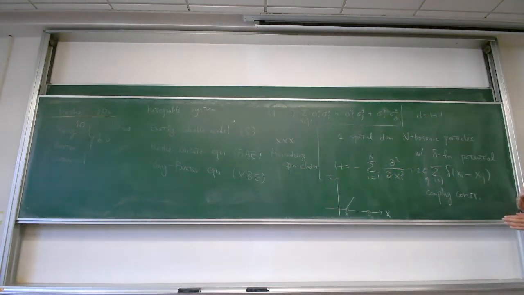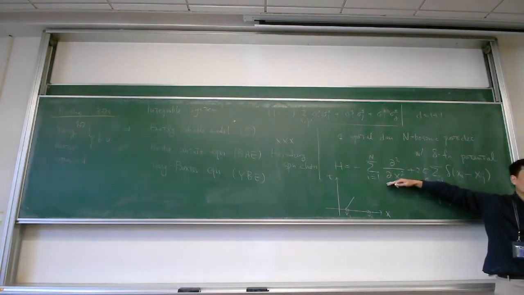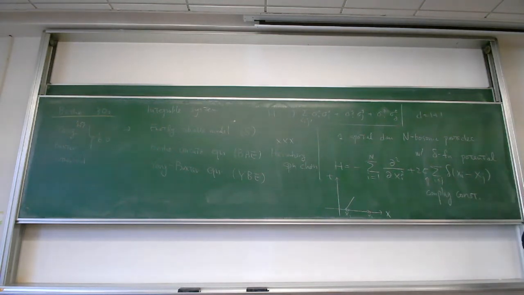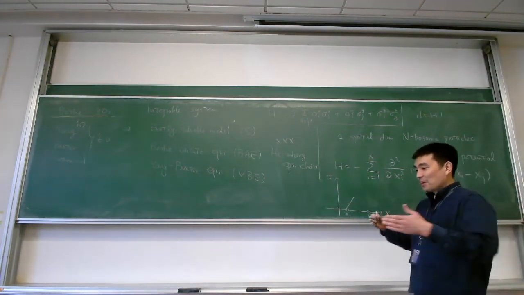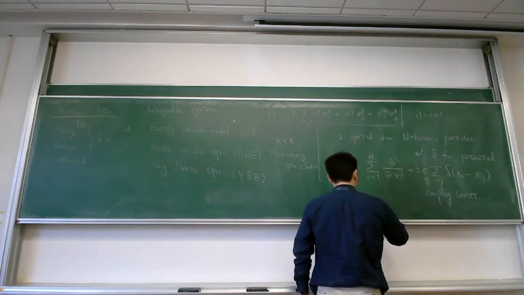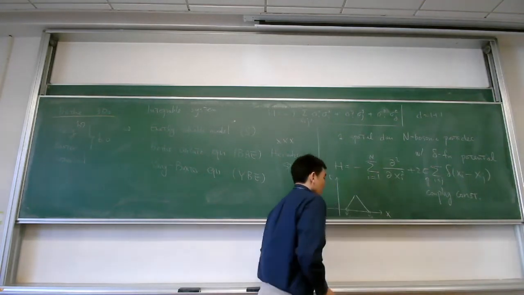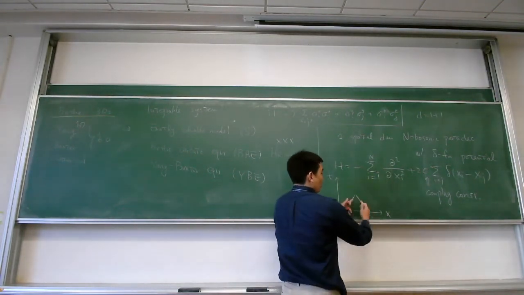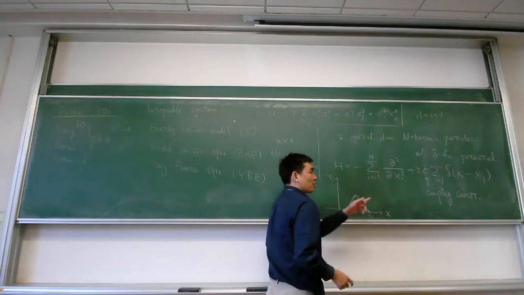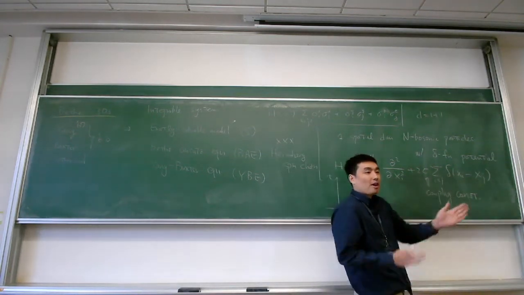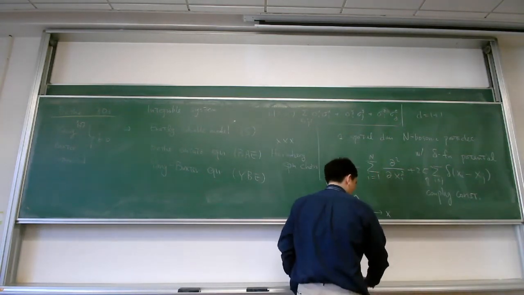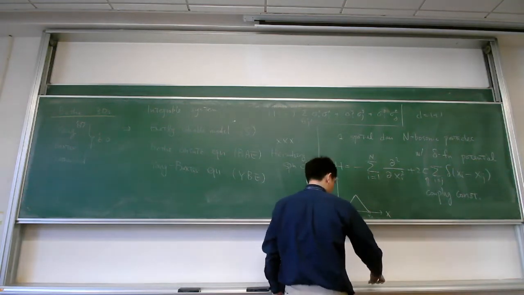It's just a free particle, so this is just the kinetic term in the Hamiltonian, p squared. It just goes straight. But it's like a billiard: if the particles reach the same position, there's a delta function potential, so they get scattered in some way.